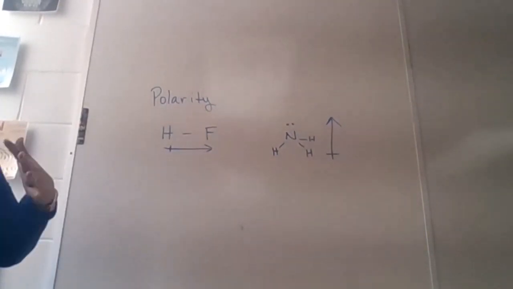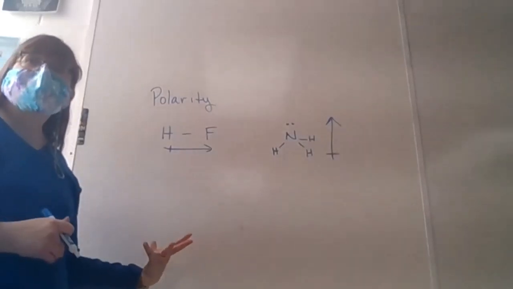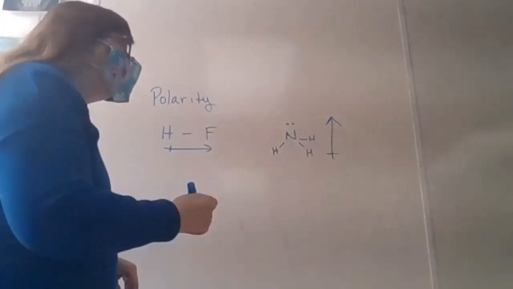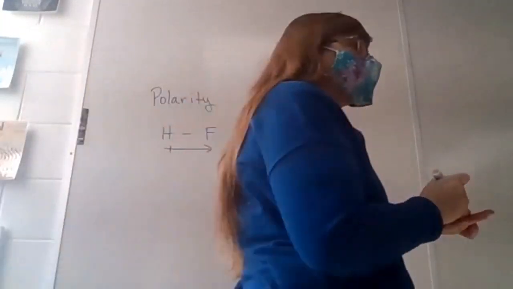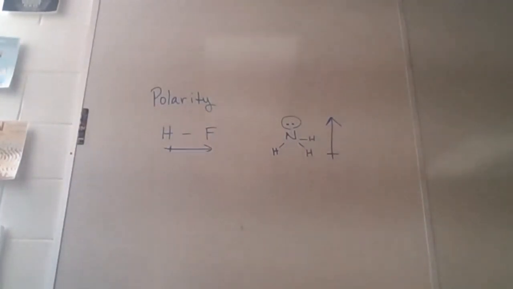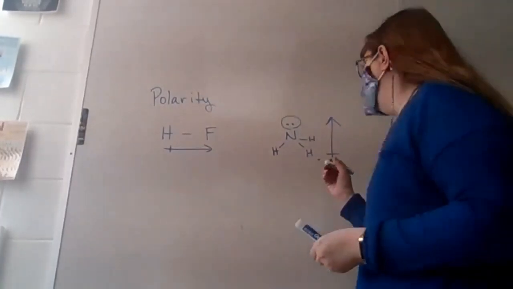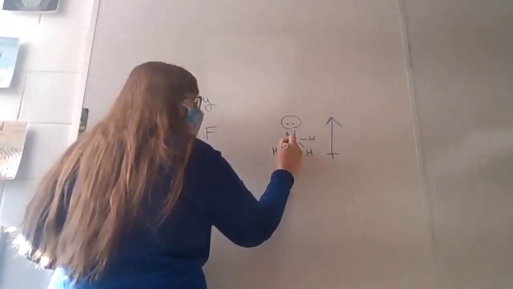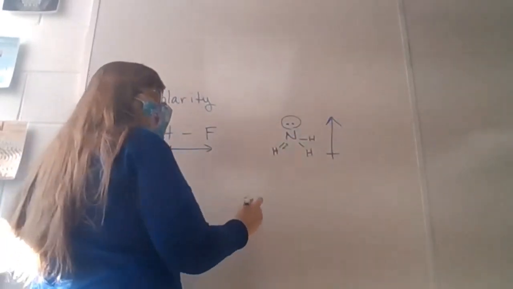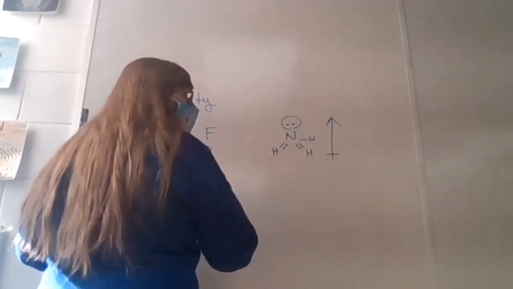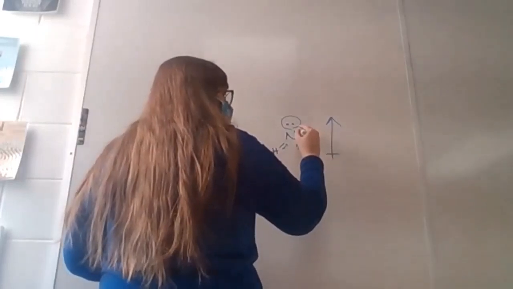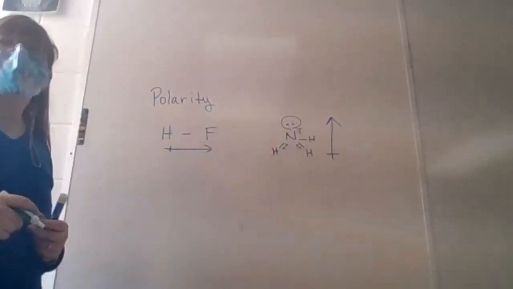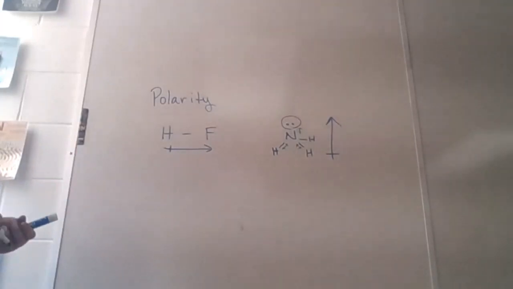All right, so one thing that we kind of gloss over in beginning chemistry is that lone pairs actually have electronegativity too. And so in this case, I'm going to put another color in here. The hydrogens don't want the electrons as much as the nitrogen does. So the bonds are polar towards the nitrogen, and the nitrogen is not as electronegative as the lone pair, because the lone pair doesn't have a nucleus.